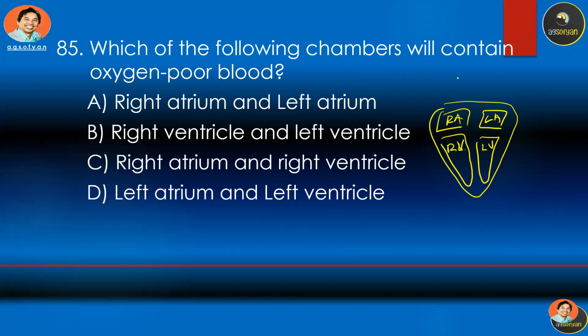The right side is the one that has poor blood, because this is the one that will be delivered to the lungs, and this is the one that is coming from our body tissue. So look for the right side, which is right atrium and right ventricle.